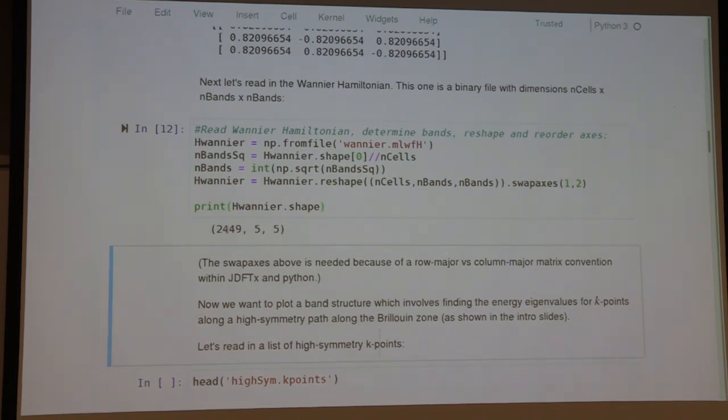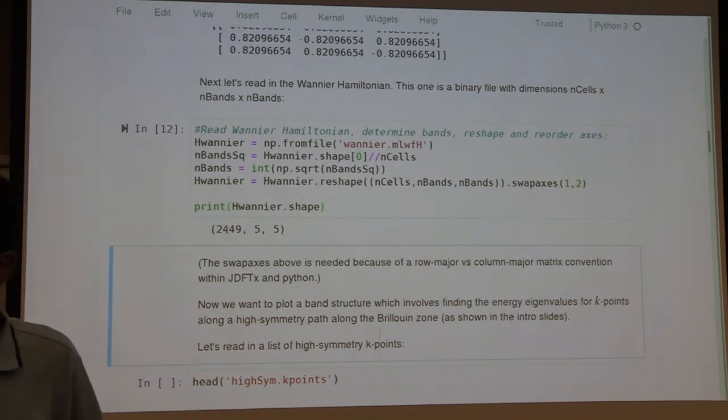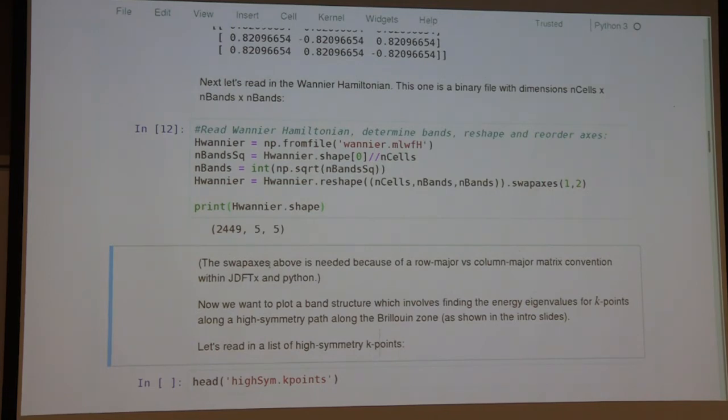So going back to the presentation, this 2449 axis is the R minus R prime, and the 5 by 5 are the A and B indices. So this has been done using 5 Wannier centers or 5 Wannier bands per unit cell. And so I get a 5 by 5 matrix for each separation between lattice vectors.